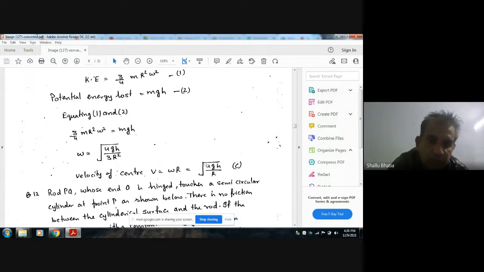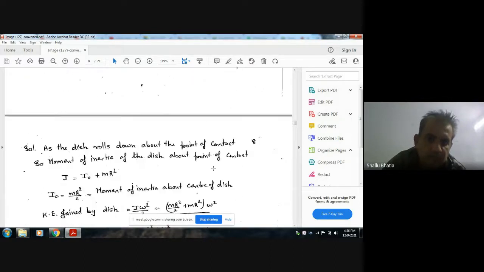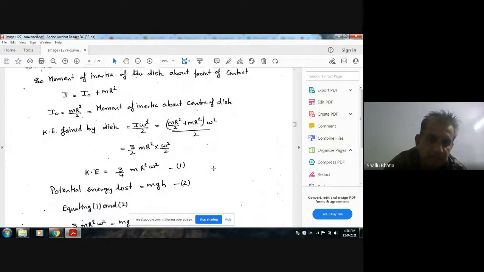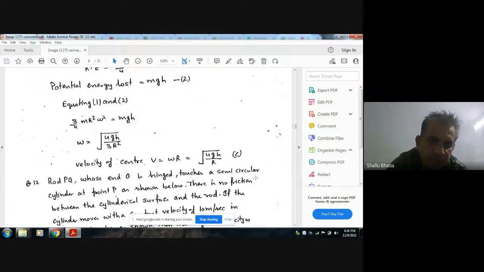That is, omega is 4gh by 3 r square. Sorry, here it should be only omega h by 3. Then it should be r. The answer is option C.